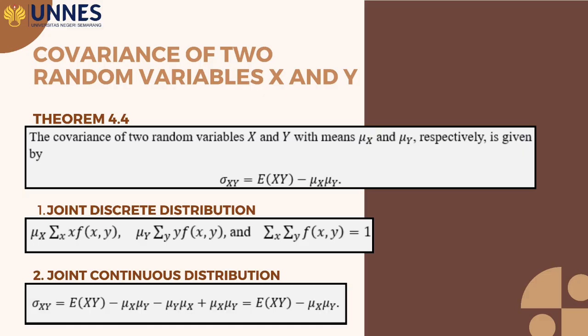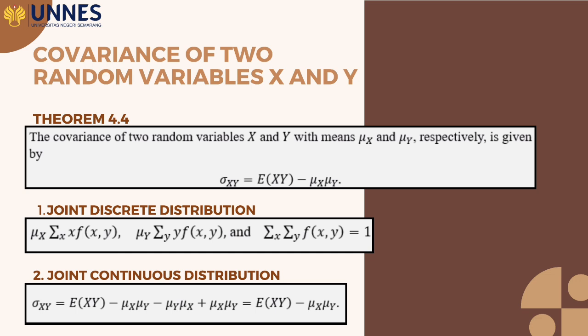Okay, next, covariance of two random variables X and Y. Here we have theorem 4.4. The covariance of two random variables X and Y with means mu x and mu y respectively is given by sigma xy equal E[XY] minus mu x mu y.